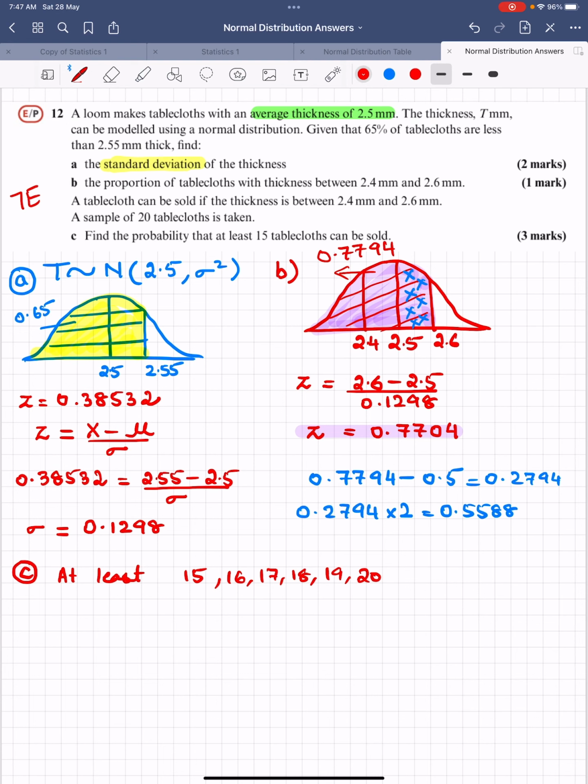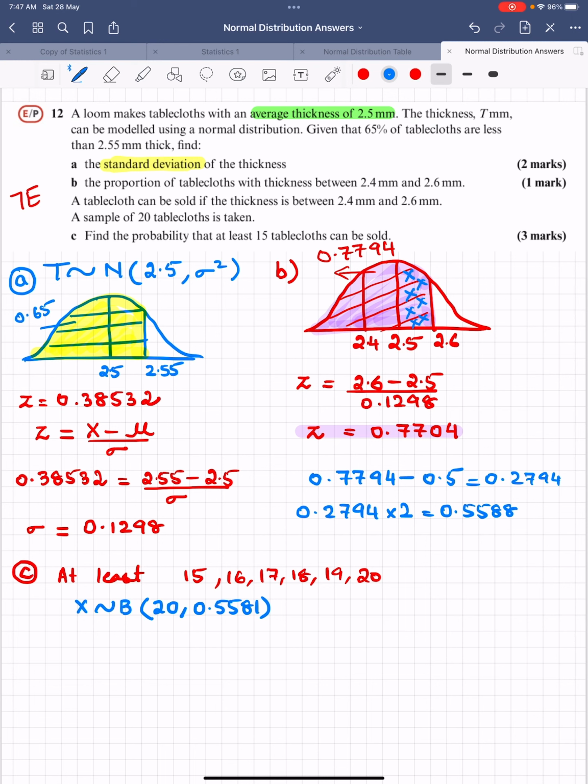So first we will find the probability of 1 to 14 tablecloths. So we are going to use the binomial distribution here. We can write X is distributed binomially, the total number of events is 20, and the probability of success is 0.5588. We can do this using the Casio ClassWiz calculator.